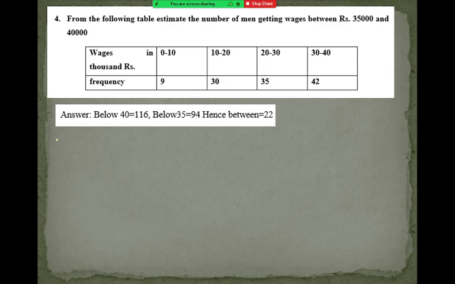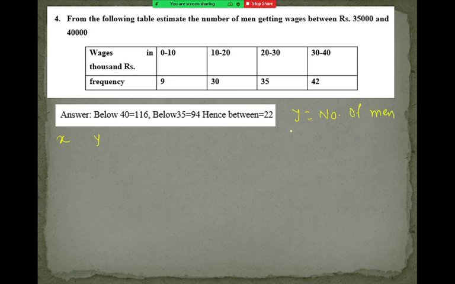Let me take x as the wages, and y as the frequency, the number of men whose wages is x. But we are not taking y as that. So let me take y equal to the number of men.